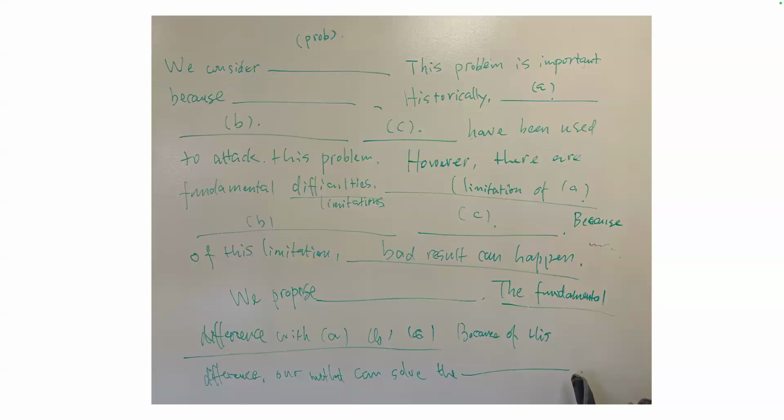Basically, historically, A, B, and C have been used to attack it. Once you identify some problem, or you read a paper, usually you will find in the related work section that many people, from this group, try to solve the problem following this track, and another group follows a different track.